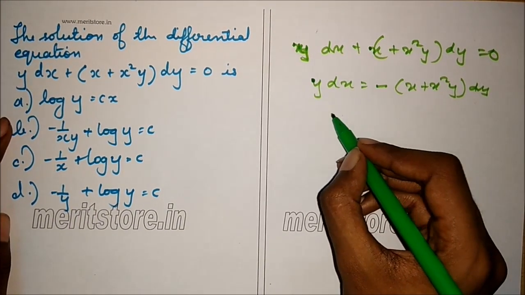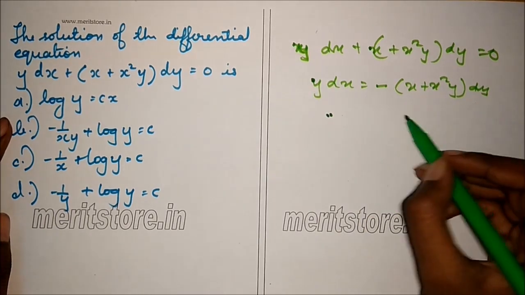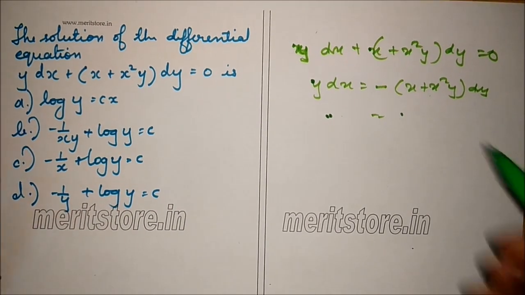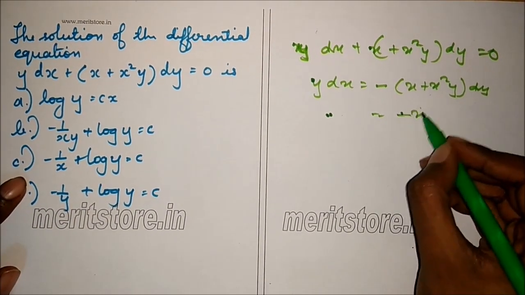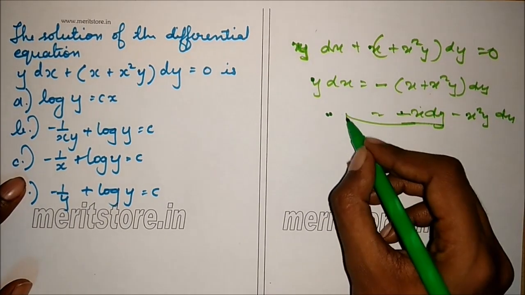We can write this as minus x dy minus x square y dy. So we shift this term to LHS.